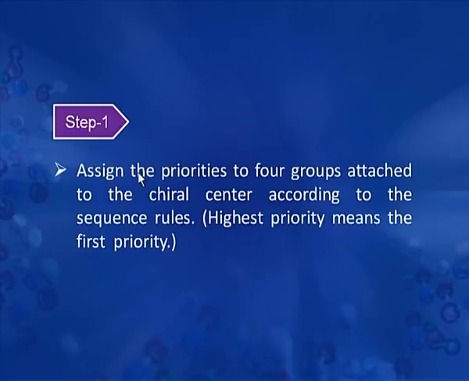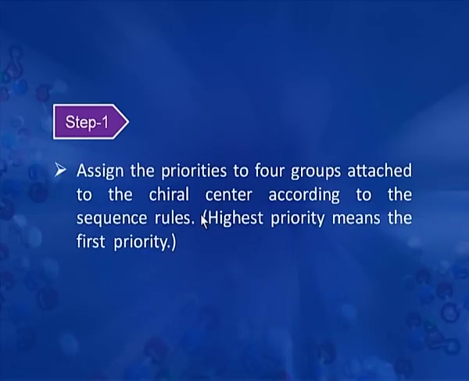Step 1 is to assign priorities to the 4 groups attached to the chiral center according to the sequence rules. These sequence rules are the same ones we have already discussed while discussing E/Z nomenclature for geometrical isomers.